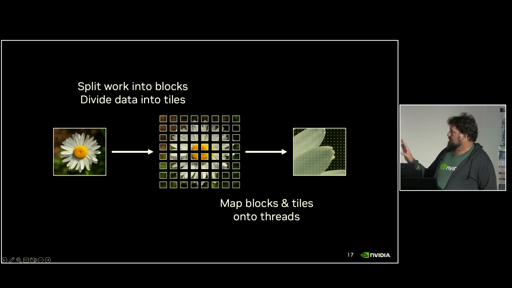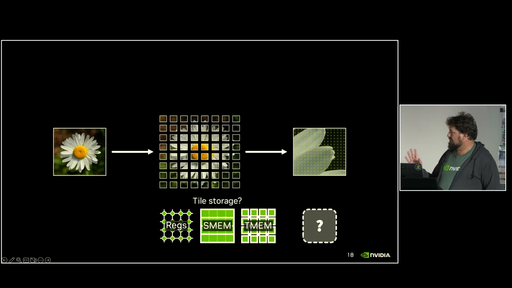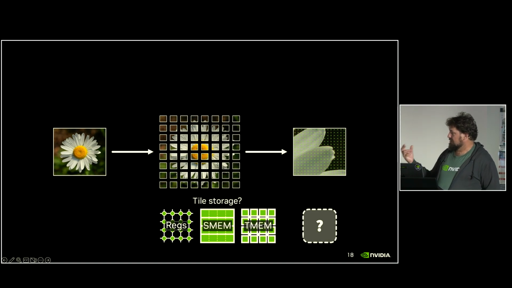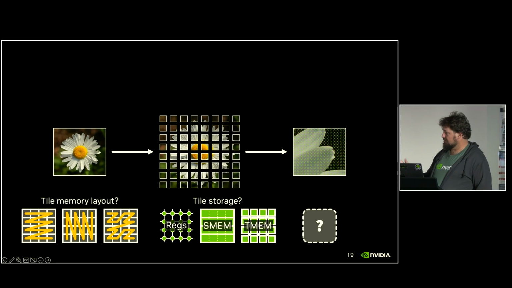Now, even if you're going to do that to map onto tiles today, there's a lot of things you have to think about. So if I'm going to store my tiles, I have registers, I have S memory, and I have the tensor memory. And which memory is that particular thread going to be using? It's up to you. You also have memory layout.